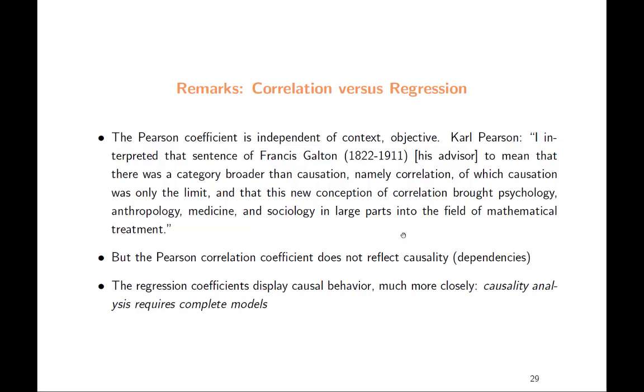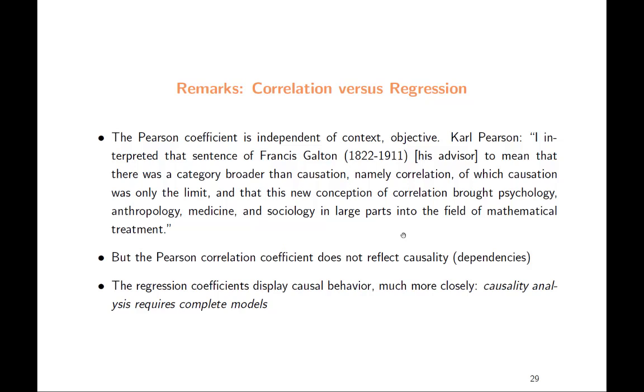So Pearson thought the Pearson correlation coefficient, named after him, was really something scientific and independent of any causal influences or causal assumptions, and can be objectively measured, which is sort of true, but the interpretation is difficult if you want to have a causal interpretation.